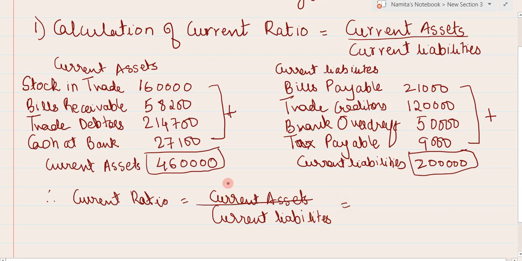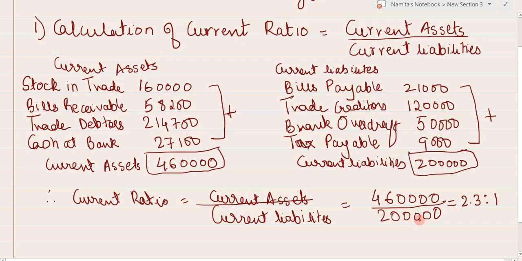So, current ratio is equal to current assets upon current liabilities. Current assets total is 4,60,000, 4,60,000 upon 2 lakh. So we get the answer 2.3 is to 1.